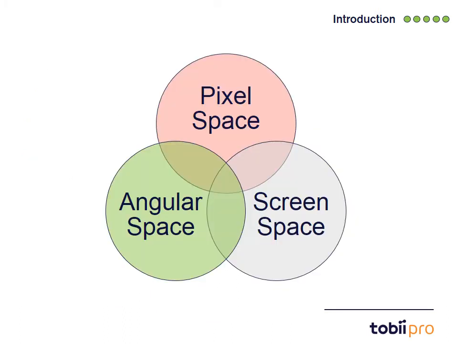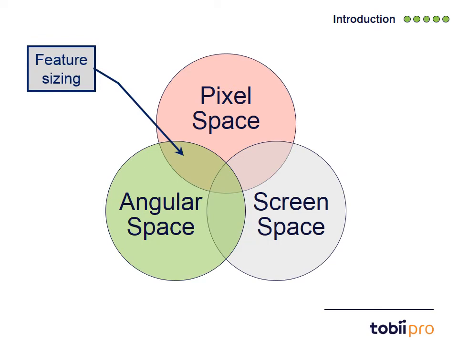Now let's just spend a moment to consider not the 3D spaces themselves, but the intersection between these spaces. At the intersection between pixel space and angular space are the initial considerations and questions about how we want the visual stimulus to be perceived and reacted to in terms of the behavior of the eyes.